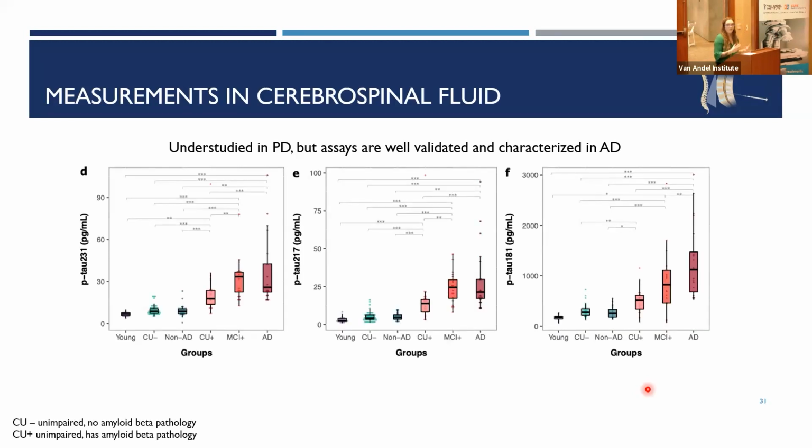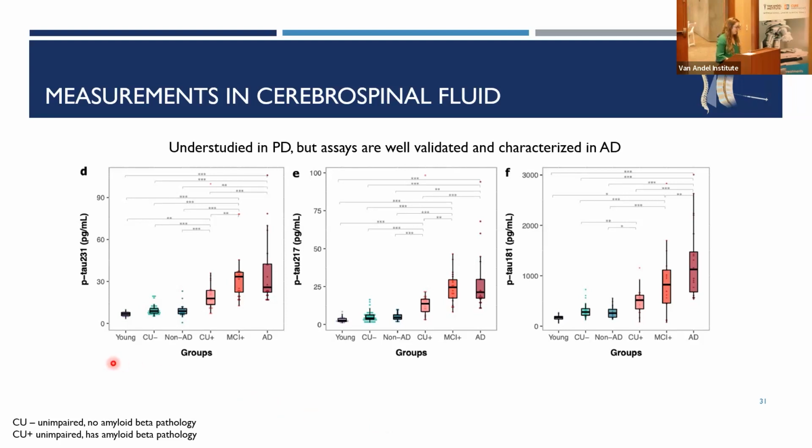But I do want to show this, and this is in Alzheimer's disease. So again, it's different, but we're able to just appreciate what these assays and these tests are able to do as they used 3 different markers for aggregated tau in CSF and cerebral spinal fluid of these patients.